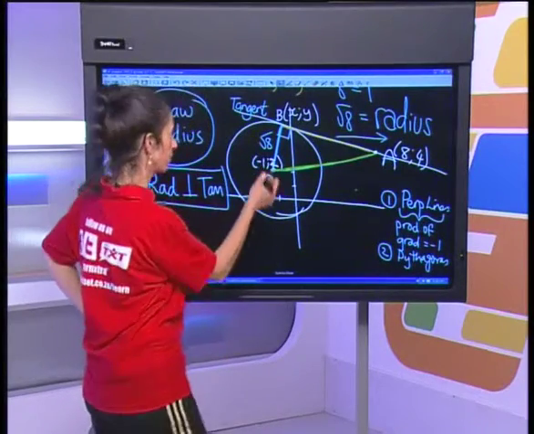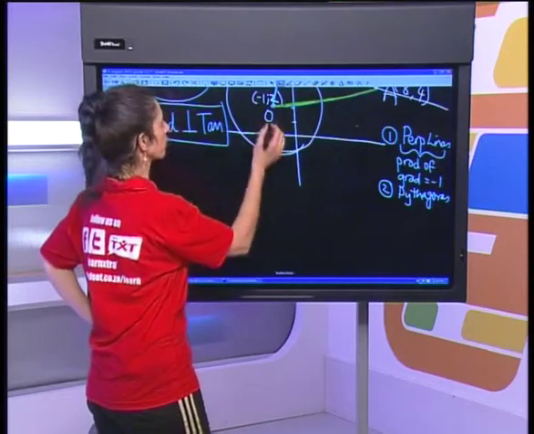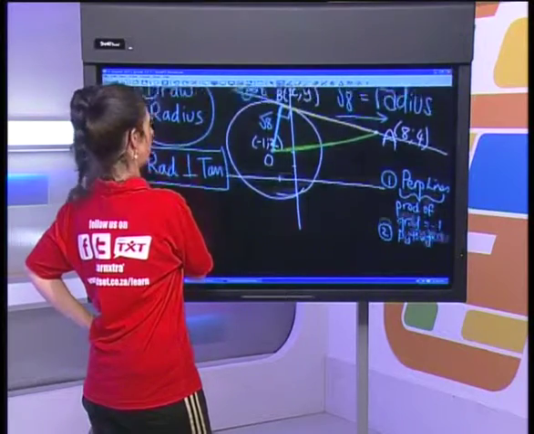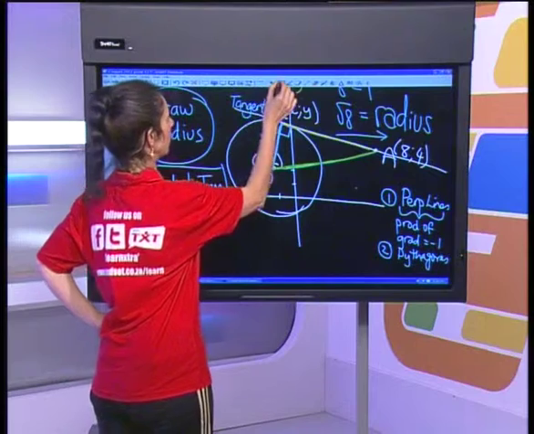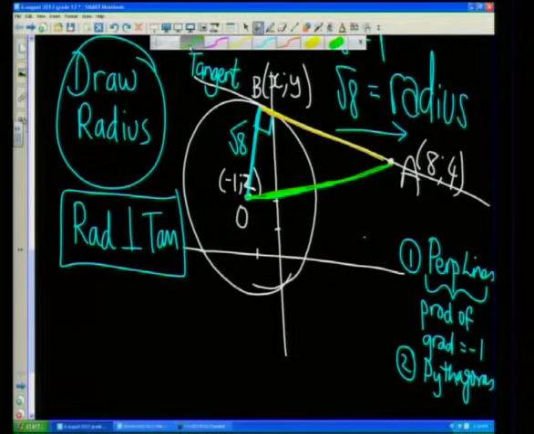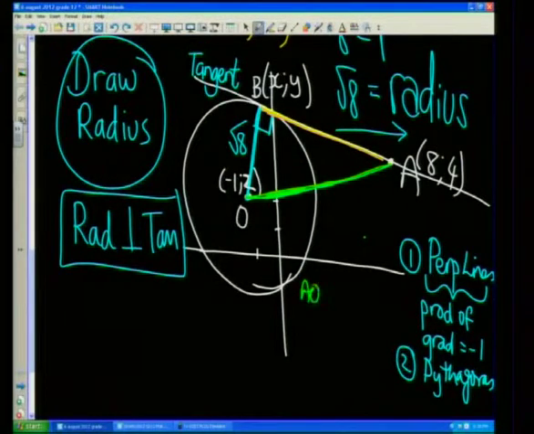So let's calculate the green line. The green length is AO. And the distance of AO squared would be 8 plus 1, which is 9 squared, and it would be 4 minus 2, which is 2 squared, so it's plus 4. So AO squared is just 85.